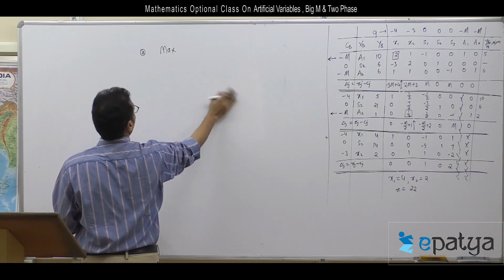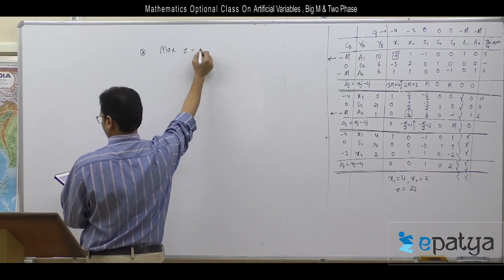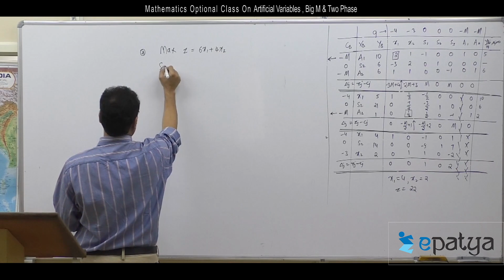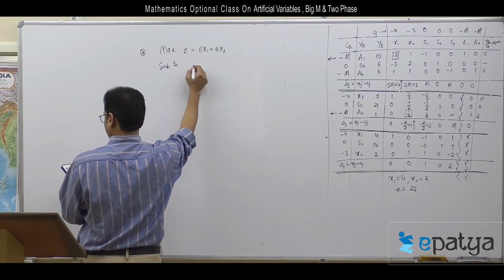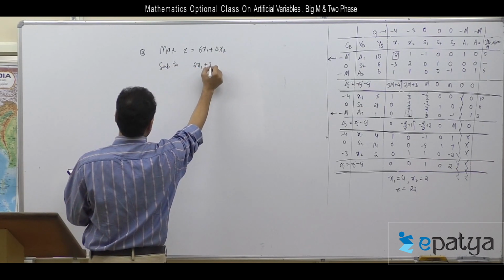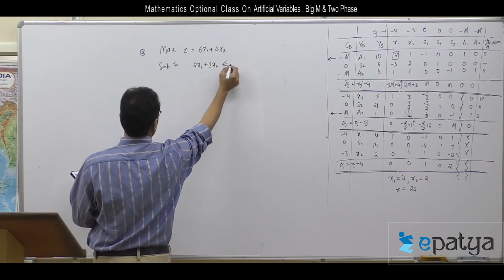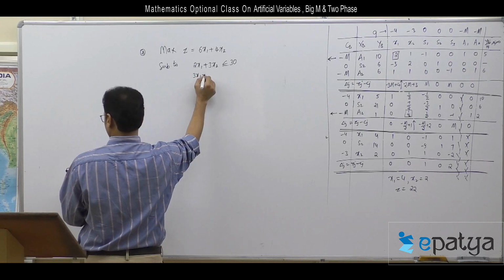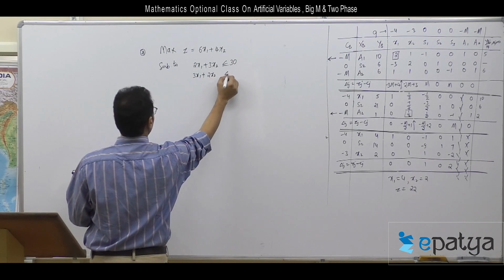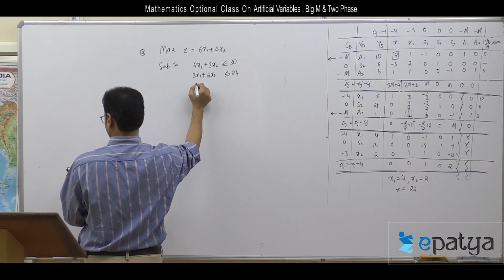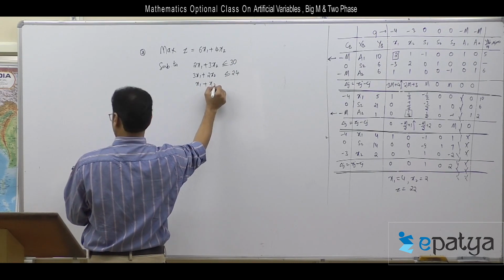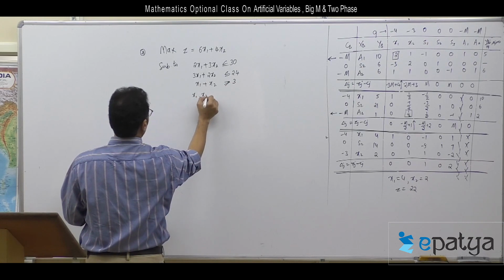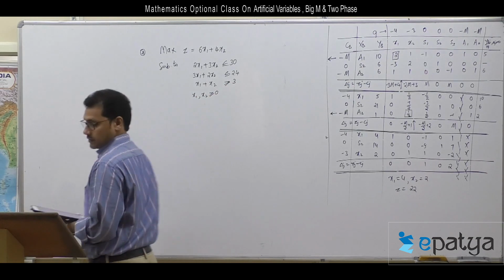Maximize z equal to 6x1 plus 4x2, subjected to constraints 2x1 plus 3x2 less than or equal to 30, 3x1 plus 2x2 less than or equal to 24, x1 plus x2 greater than or equal to 3, x1 comma x2 greater than or equal to 0.